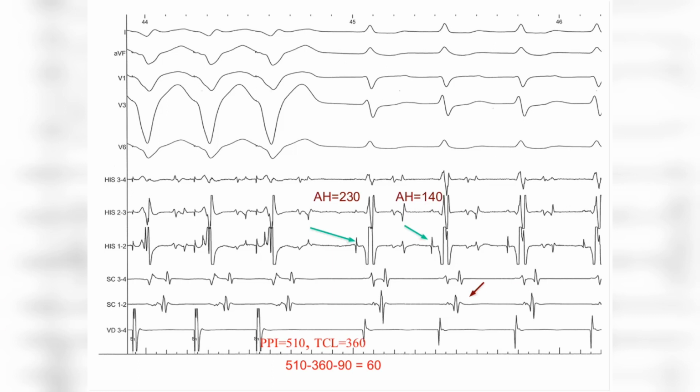So now the correction: when you subtract the tachycardia cycle length, you should correct for the difference between 230 and 140, and that is 90 milliseconds. So now you come up to a number of 60. 60 milliseconds goes in favor of an accessory pathway-mediated tachycardia.